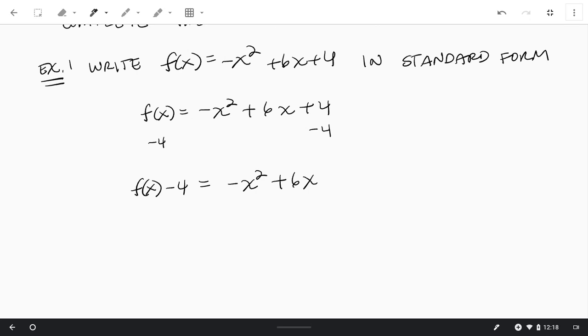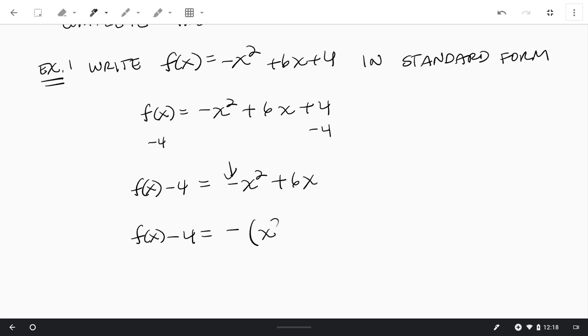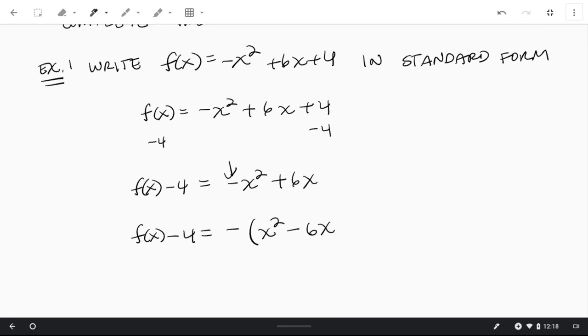However, we can only start completing a square if that leading coefficient right here is +1. Okay, so what I'm going to do here is factor out that negative. So the left side will remain the same. This negative will be factored out. And what I want to do is find a third term over here that works out nicely.